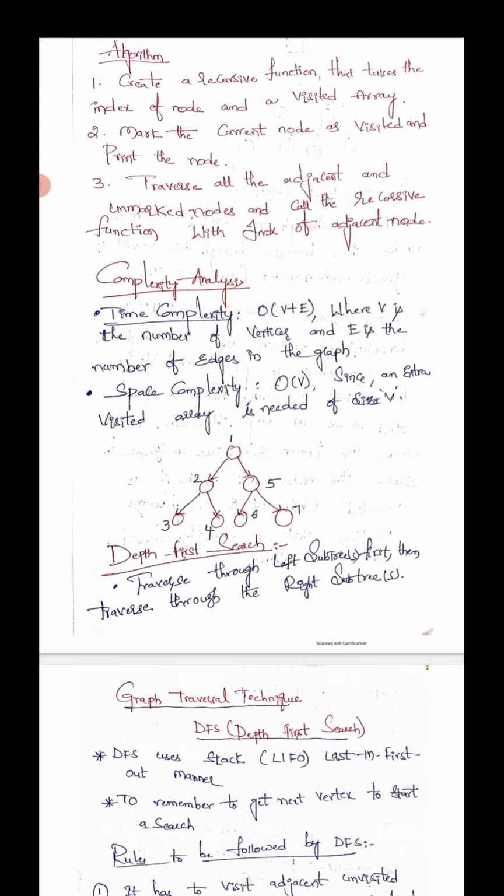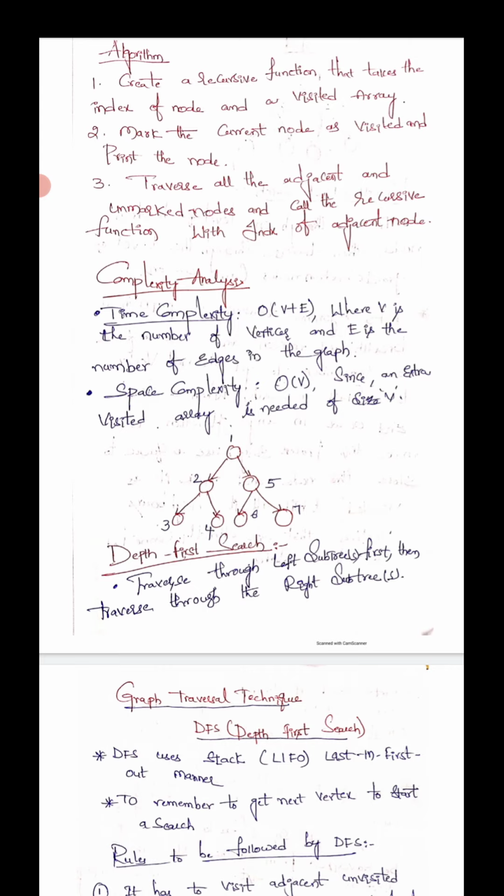Coming to the second step of this algorithm, we mark the current node as visited and print the node. Finally, the third step is to traverse all the adjacent and unmarked nodes.